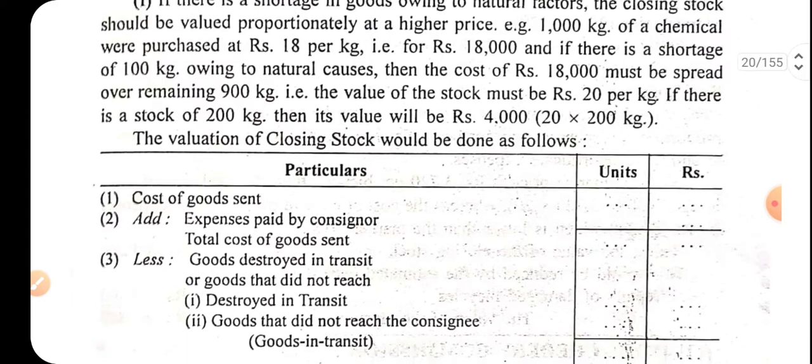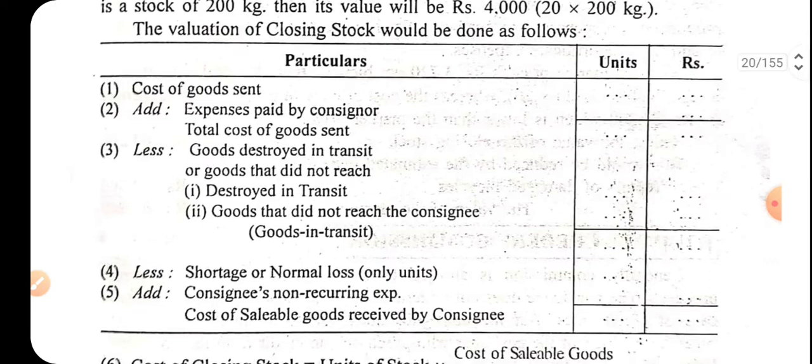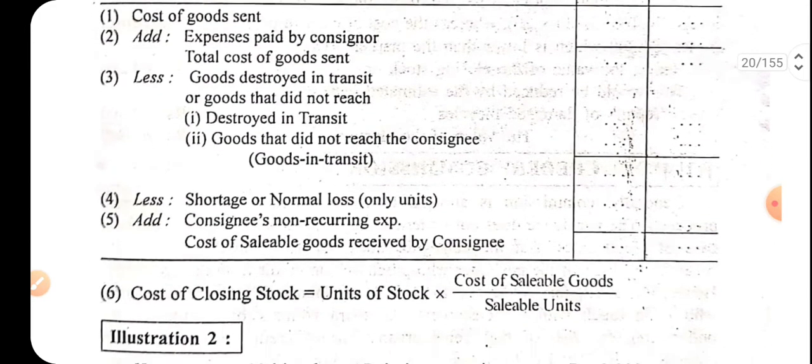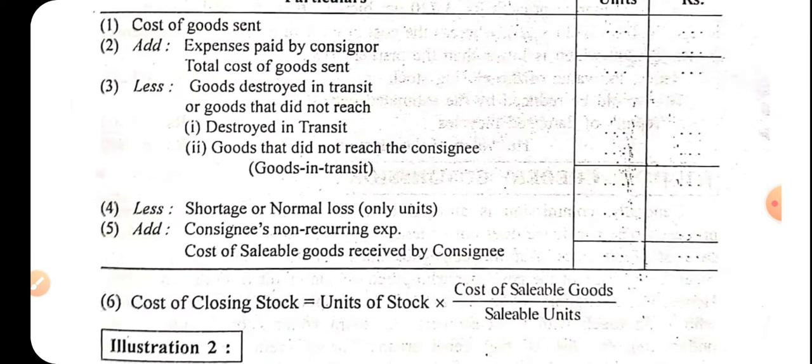First of all, we will have to find out the cost of goods sent, in units and rupees also. To that we add the expense paid by the consignor. This gives the total cost of goods sent. It contains two things: the cost of goods sent and the expense paid by the consignor, less goods destroyed in transit.